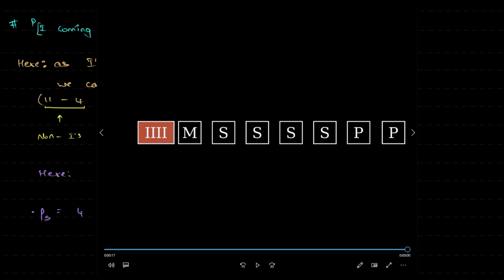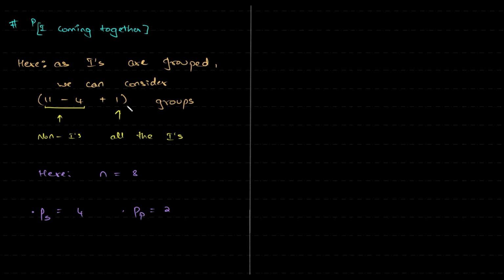So what happened? We considered this as a different set of groups wherein all the I's are a separate group. And so when we counted, there are 8 of it. Okay, so that's how we get this to be 8. 11 minus 4 is all the non-I's, and all the I's as a group is 1. So there are so many groups. And now the permutation is 8 factorial divided by 4 factorial into 2 factorial.